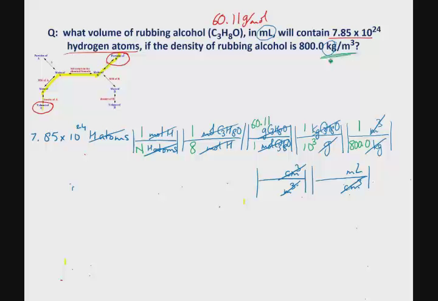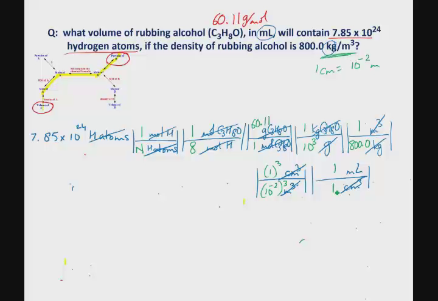And then we know that 1 centimeter equals 10 raised to minus 2 meters, which therefore means 1 cubic centimeter will equal 10 raised to minus 6 cubic meters. And then also 1 mL equals 1 centimeter cube.